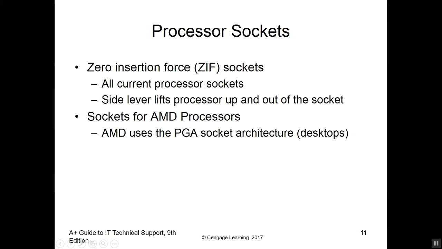Now, we've got ZIF sockets, and all current processor sockets are ZIF sockets. And that's that little retainer that I showed you, and it's a side lever that lifts the processor up and out of the socket. Now, sockets for AMD processors use a PGA socket architecture.